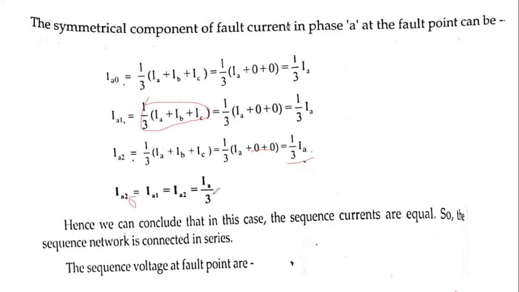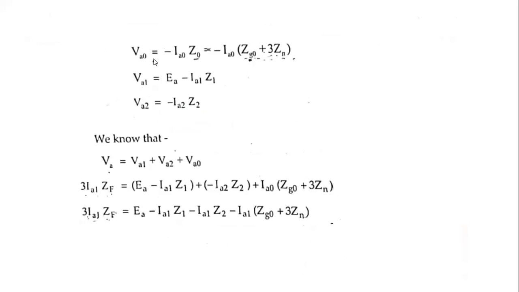So the sequence networks are connected in series. Now we calculate the sequence voltages at the fault point. VA0 is equal to minus IA0 into Z0. Substituting Z0, since we are connecting the impedance, it is equal to Z0 plus 3ZN, the ground impedance plus 3 times the neutral impedance.